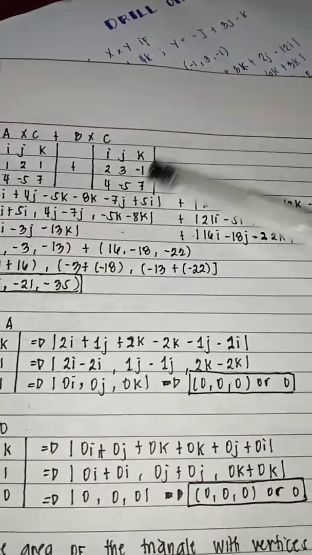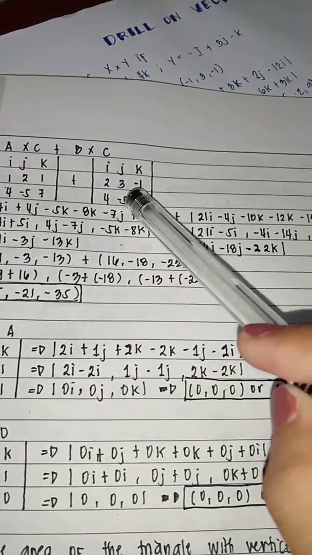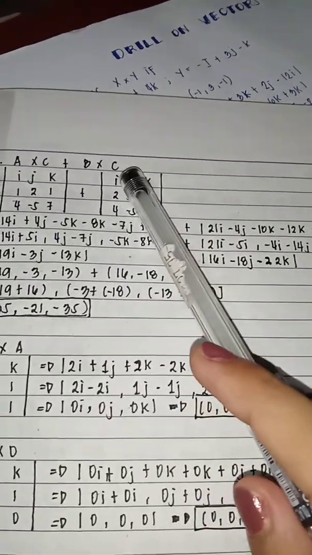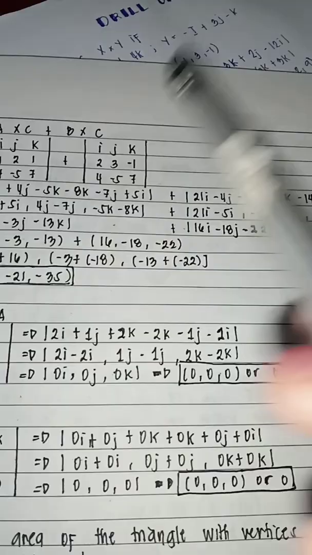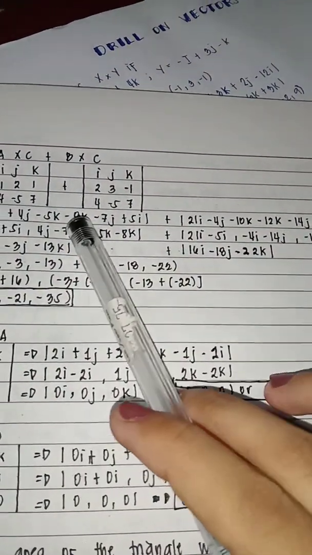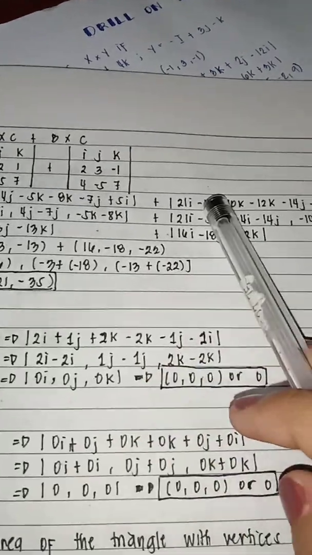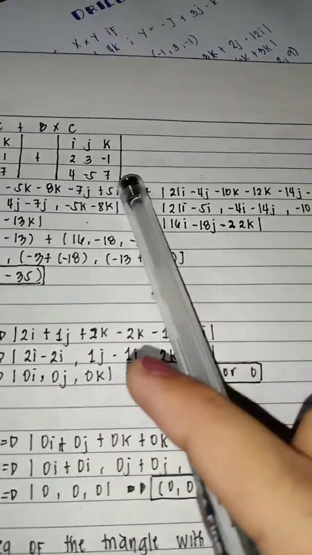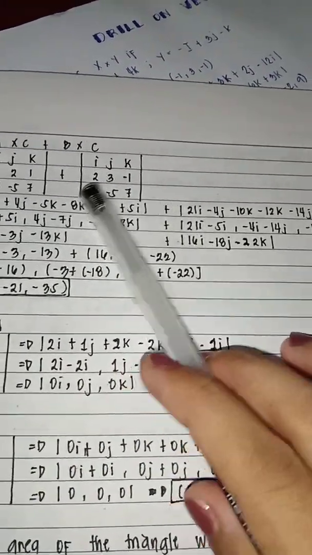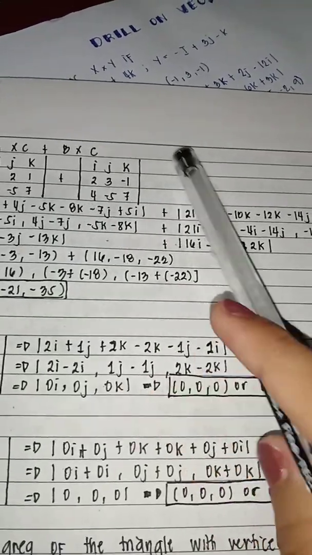So now we will get the answer of B cross C. Since the value of B is 2, 3, and negative 1, while C is 4, negative 5, and 7. To compute B cross C, we use determinants as follows.